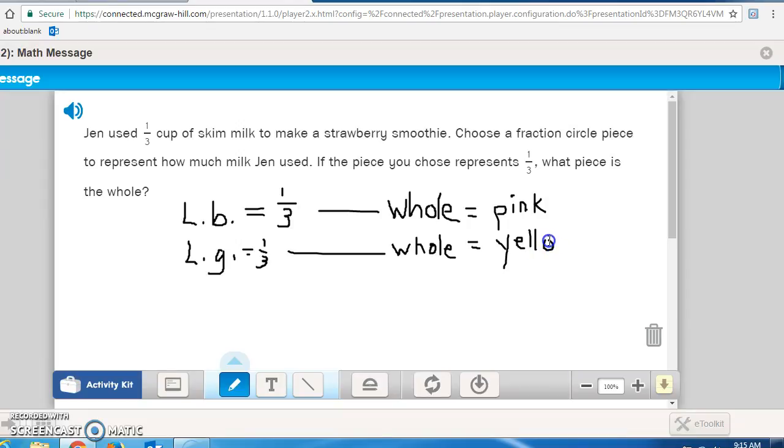And again, what if I said that my third was the dark green? And I put 1/3 plus 1/3 plus 1/3 for 3/3 together. What whole would I now have?